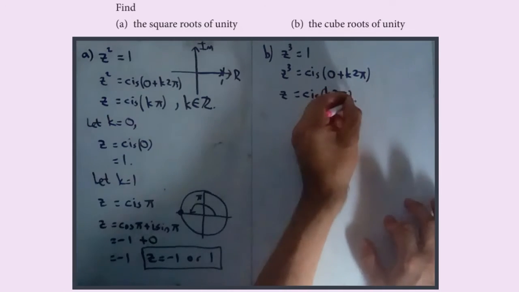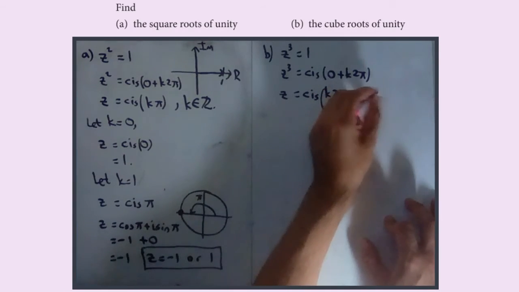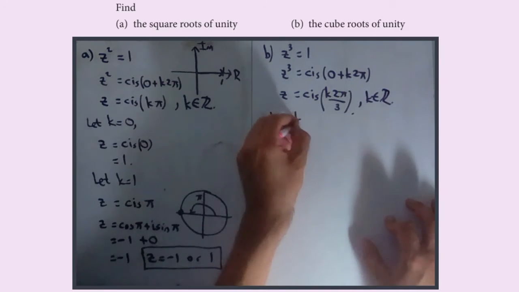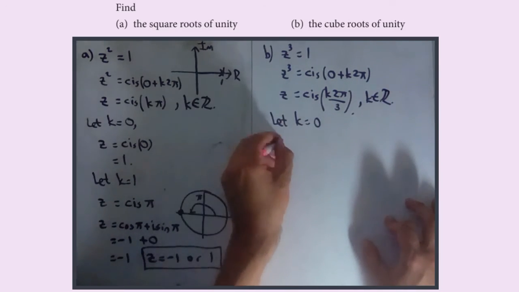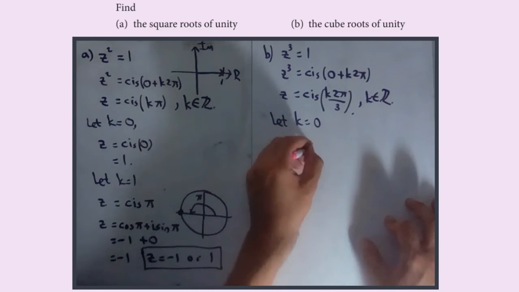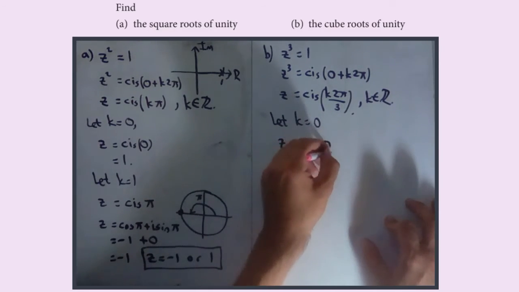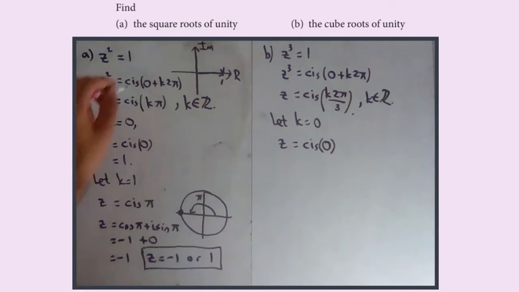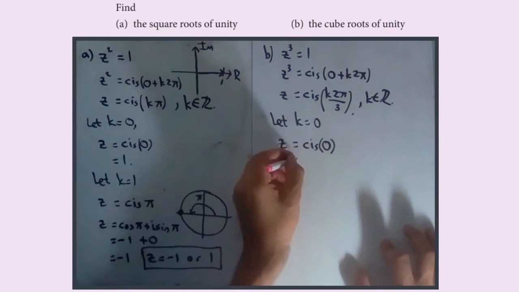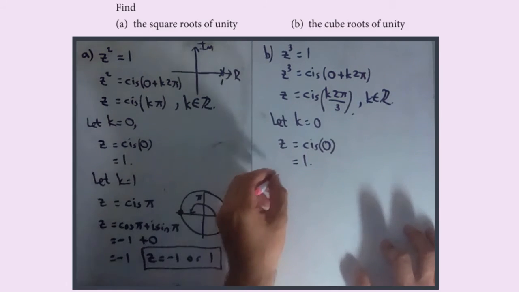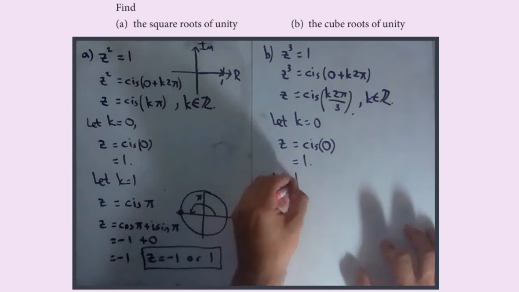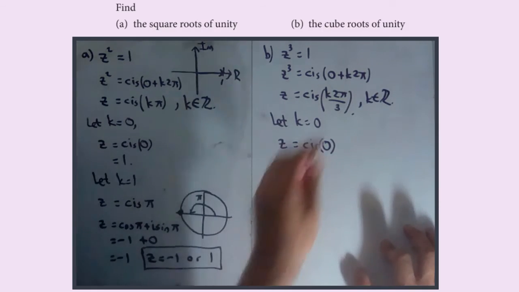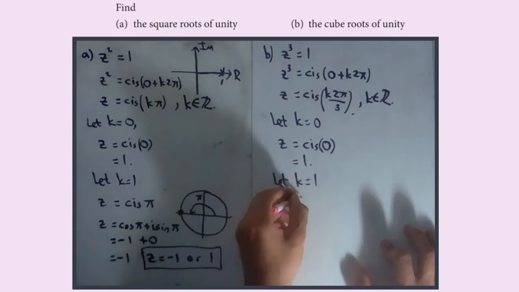Don't forget, k needs to be an integer. So let k equal 0, z equals cis 0, and we already know cis 0 is 1, we did it at the start. Let k equal 1, z equals cis 2 pi by 3.